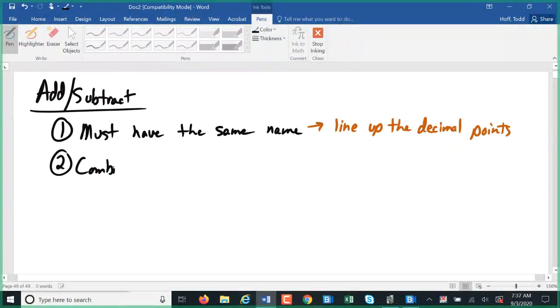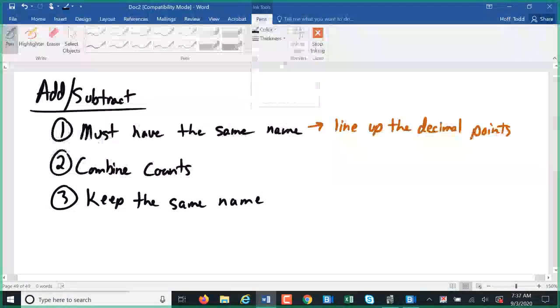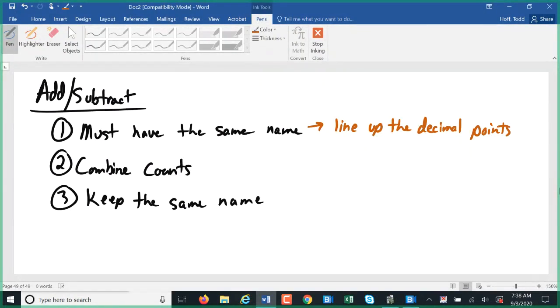No matter what operation we're doing, we're going to combine counts in some form. And then we keep the same name. Combining the names is multiplication and division. So keep the same name when we add or subtract. So for decimals, what that means is we drop the decimal point down, straight down.